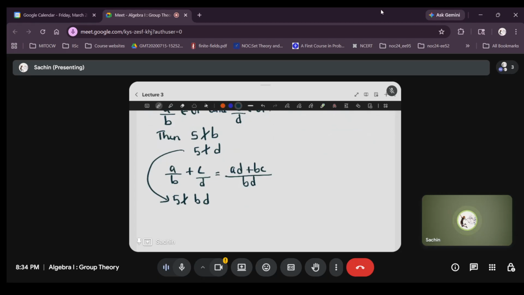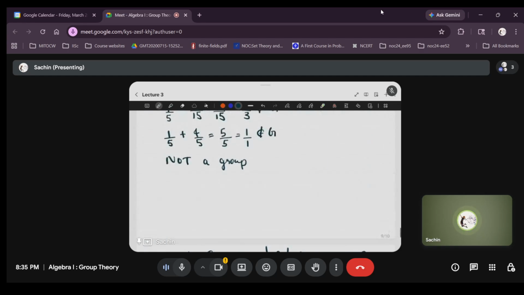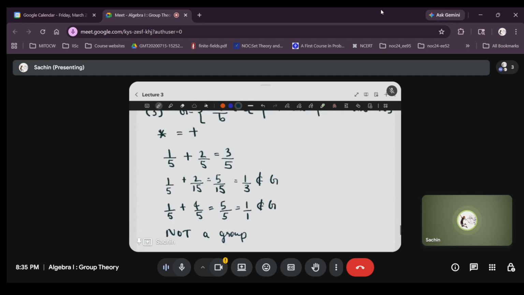If 5 does not divide BD, 5 also does not divide any factor of BD. So even if you cancelled some common factors from AD plus BC and BD, like how we did here, when you add 1 by 5 and 2 by 15, you got 5 by 15, but you ended up canceling common factors, so it became 1 by 3.